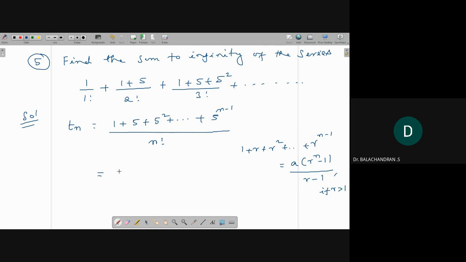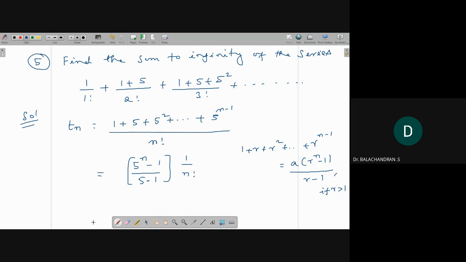So the numerator equals a, where a is the first term, 1. So 1 into 5 power n minus 1 divided by 5 minus 1, into 1 by n factorial.